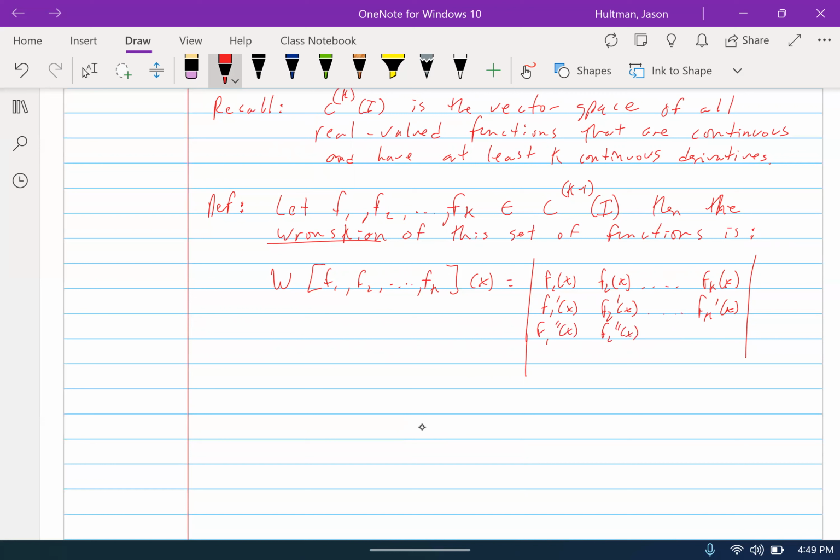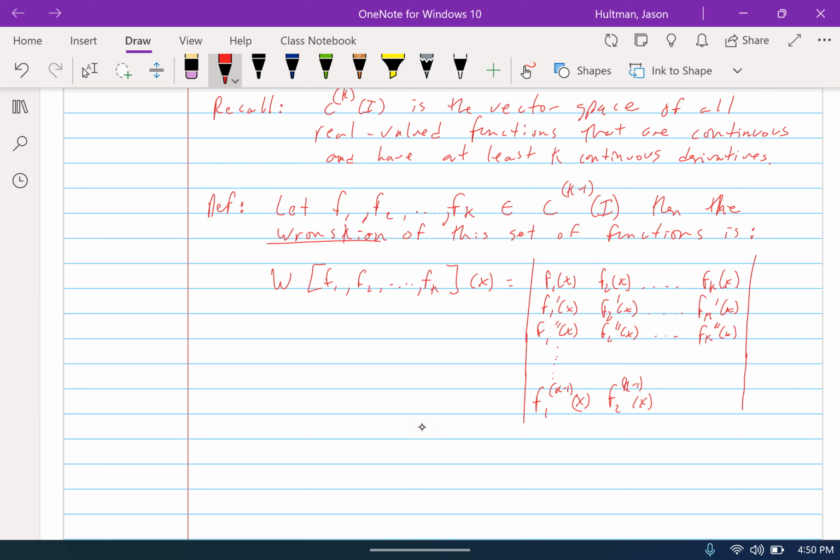f2 double prime of x, fk double prime of x. We would continue this down until we got f1 to the k minus 1th derivative of x, f2 to the k minus 1th derivative of x. However many functions I'm given will dictate how many derivatives I take.